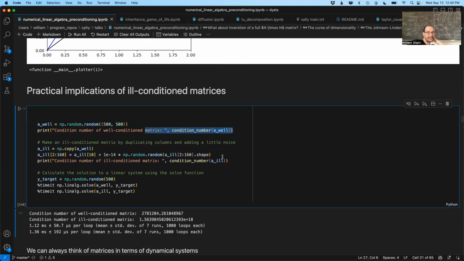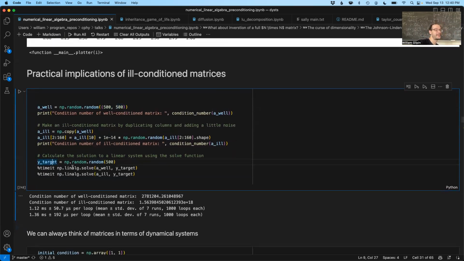Then I'm going to generate another 500 by 500 matrix that I deliberately make really close to ill-conditioned. I'm going to make sure that a couple of columns of that matrix are very similar to each other. So these are both 500 by 500 matrices. Neither one of them is actually singular, but the second matrix is going to be closer to singular. It's going to have vectors in its column space that are close to each other.